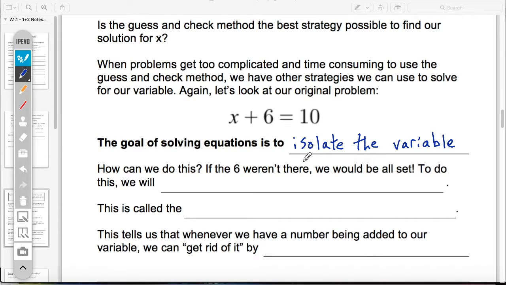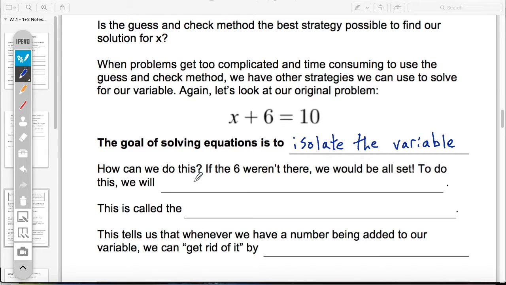Okay, and for those of you that do not know the definition of isolate, that means to get by itself. So we are trying to get our variable by itself. So how can we do this? Okay, if the 6 weren't there, we would actually be all set. We would have x by itself and we would have our solution.